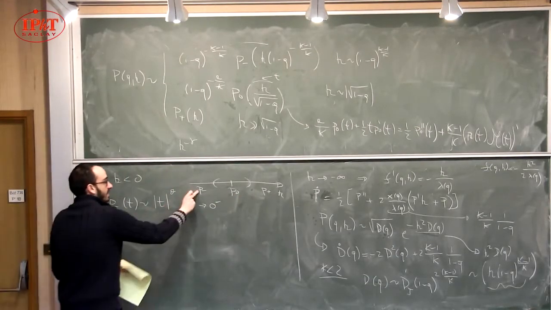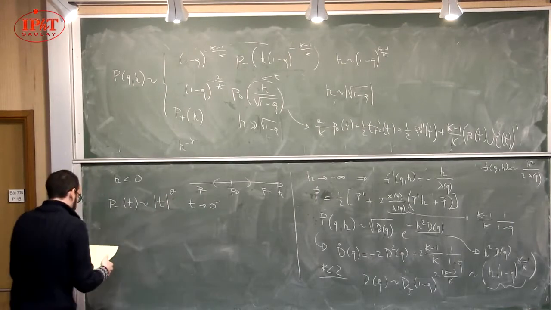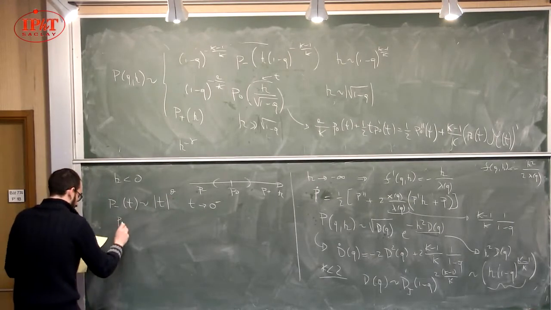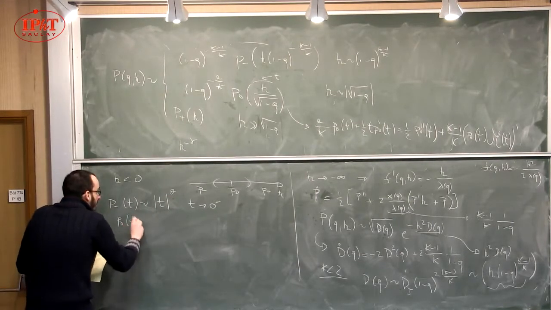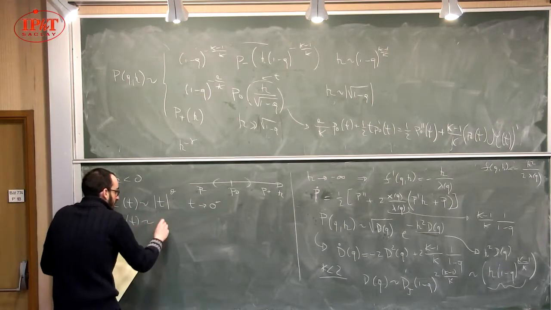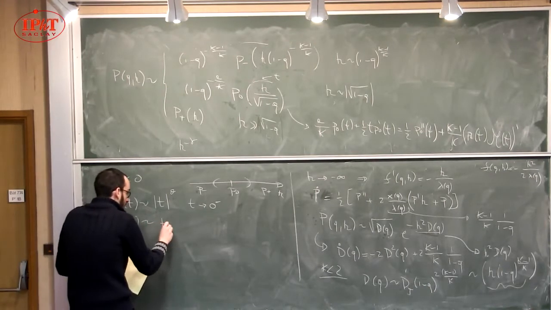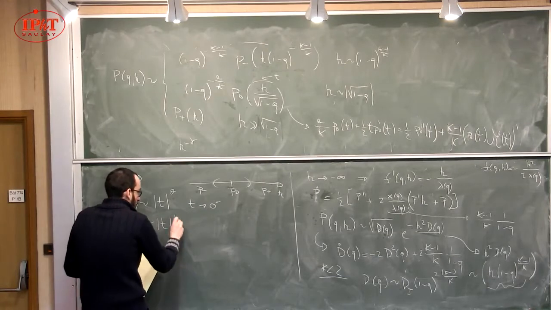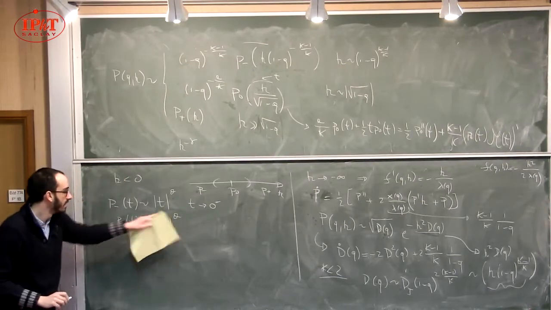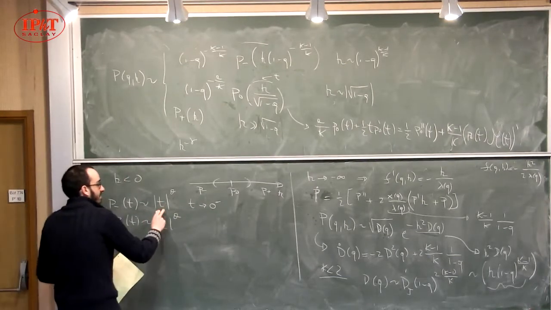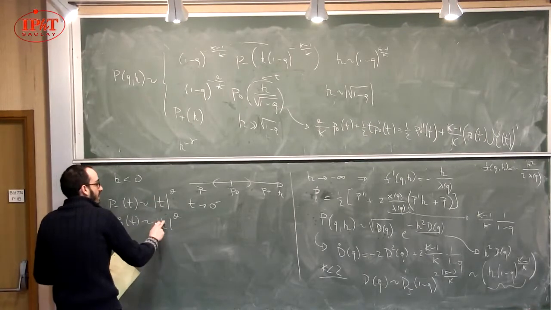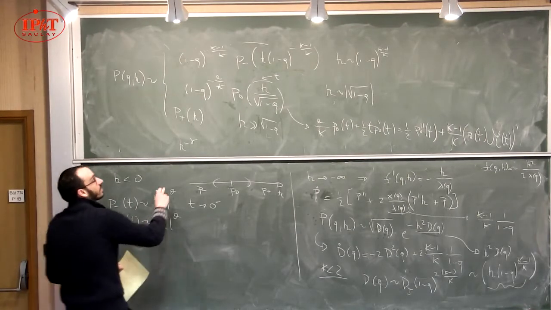So let's assume that this behaves this way, and p0. Since you should have a matching, also p0 as a function of t should behave the same way, right? So when you plug the true expression of this t and this t, they are not the same, right?